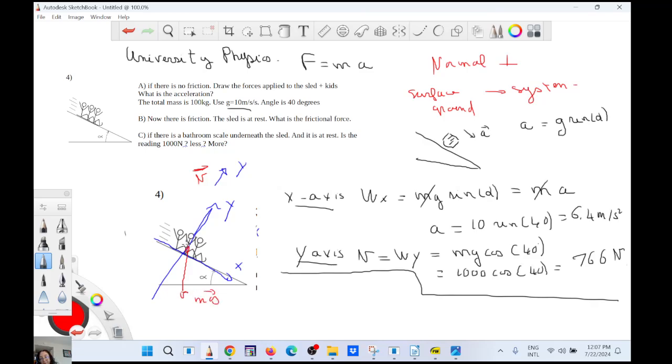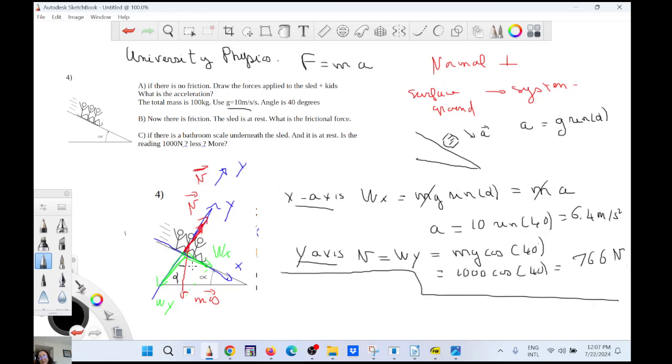That will be the normal force perpendicular to the ground, from the ground to the system. So again, you have two components for the weight. The one that makes it go down, the y component here. And you always have that angle here.